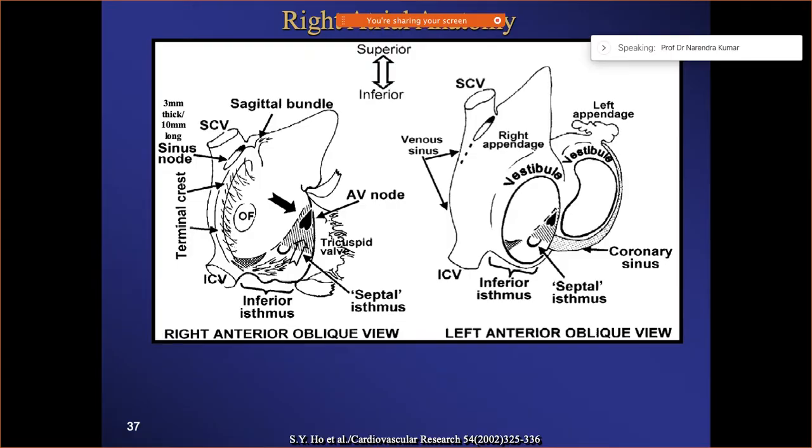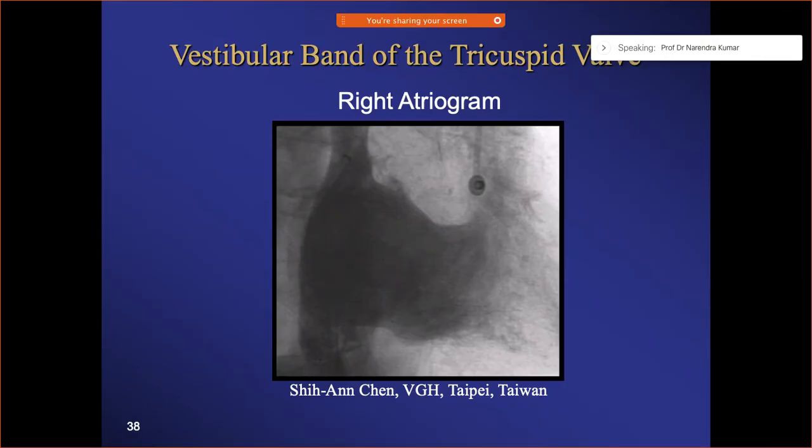It is one side of Koch's triangle; the hinge of the septal leaflet of the tricuspid valve, and the orifice of the CS with the vestibule immediately anterior to it, are the other two. Superiorly, the central fibrous body is the landmark showing where the penetration point of the His bundle is. In the figure, we can already see the different portions which make up the triangle.